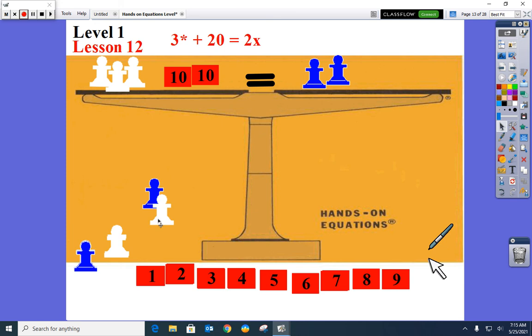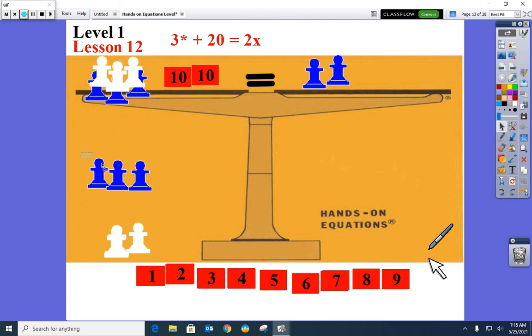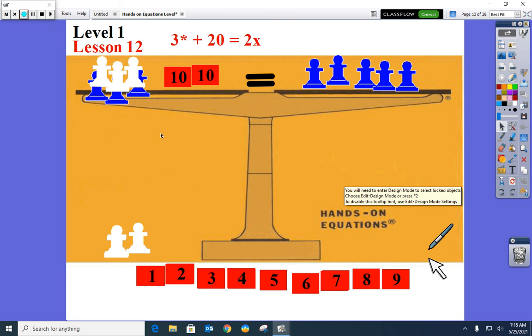Or we can add 3 blue pawns to both sides, so that what I do over here is I add my 3 blue pawns. That creates 3 zeros, but if I'm going to add blue pawns to one side, I have to add blue pawns to the other side. Now I've created 3 zeros.